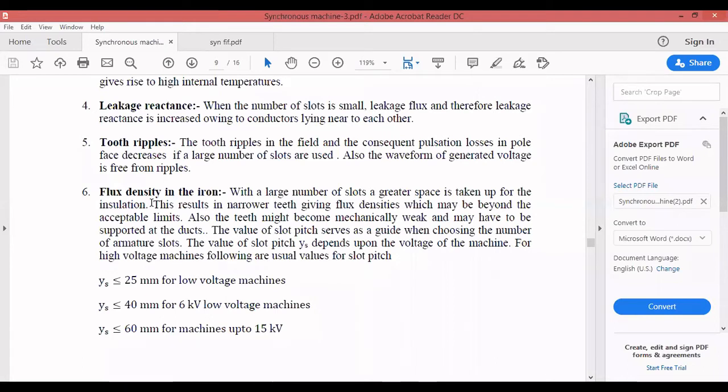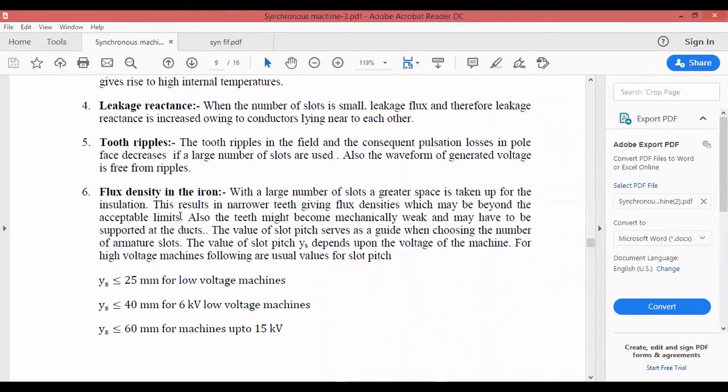If you remember, in earlier classes I told you that around 60% of the slot area is used for insulation, and only 40% is used for the copper area, meaning conductor area, for the larger type of machines. So if you consider a larger number of slots, definitely the width of the slot will become more. This results in narrow teeth, giving a flux density which may be beyond the acceptable limits.